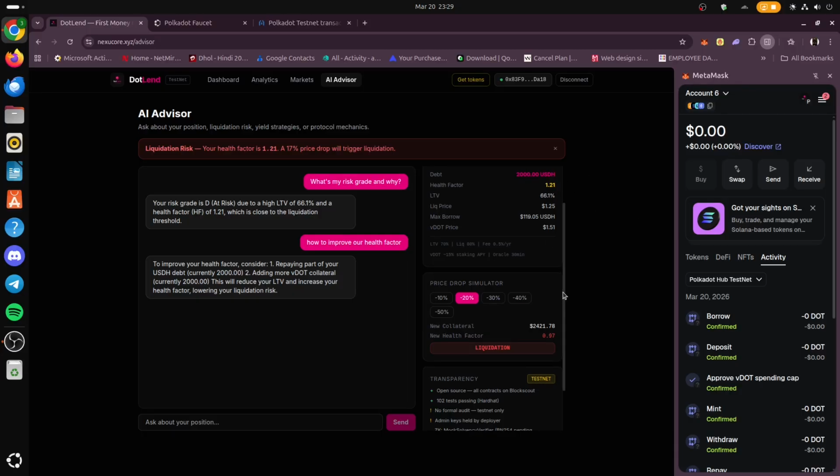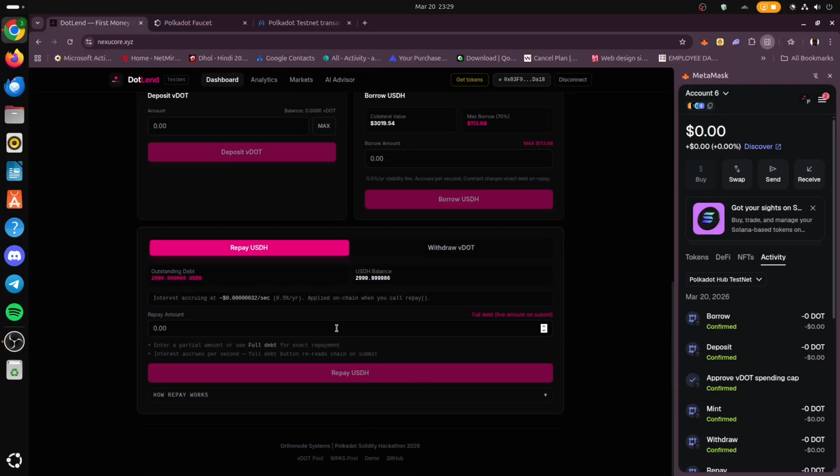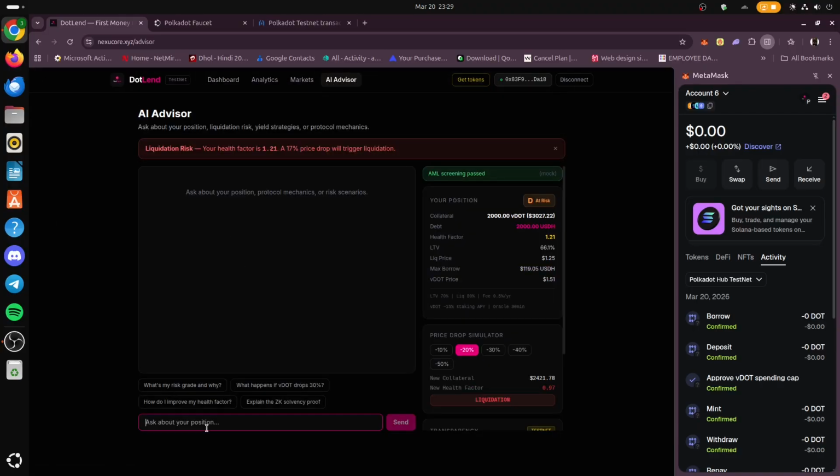Let's also ask it the exact amount: how much should I repay to get back to a healthy health factor? See, it will also tell us the exact amount.